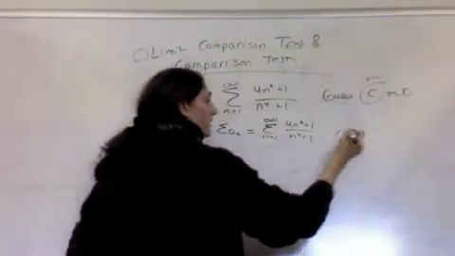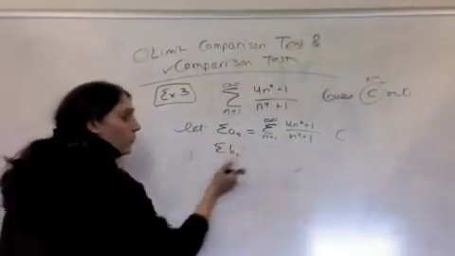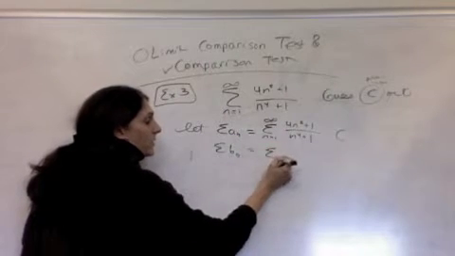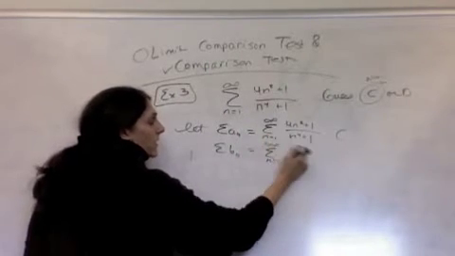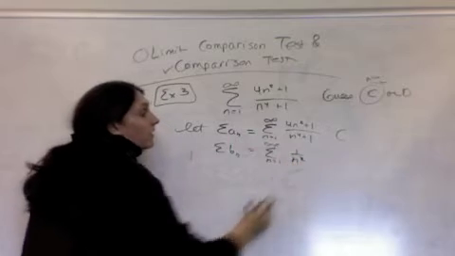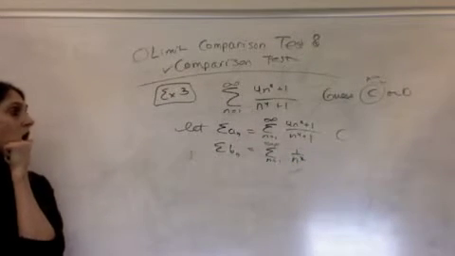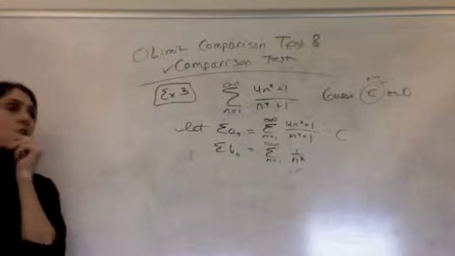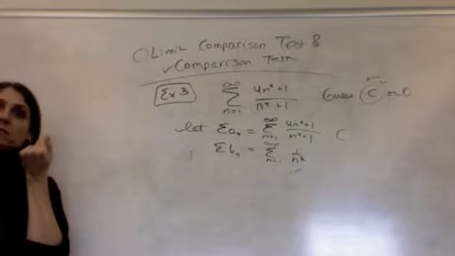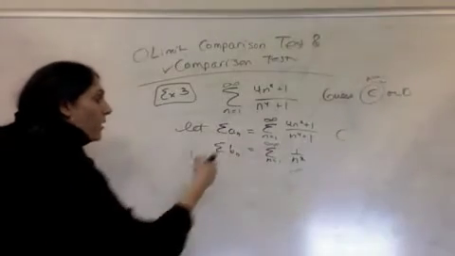We guess C, convergent. So what's the logical choice for our series b sub n? Is that okay? So now we have to compare.